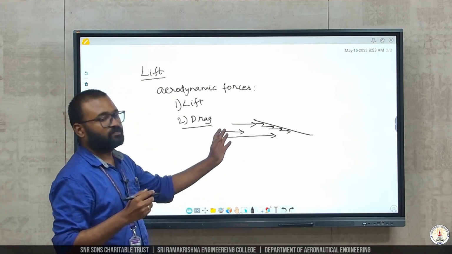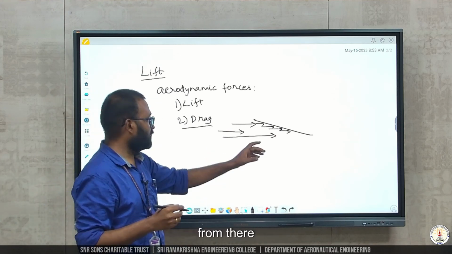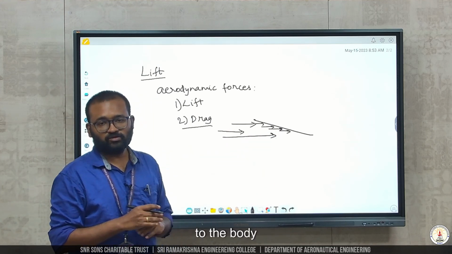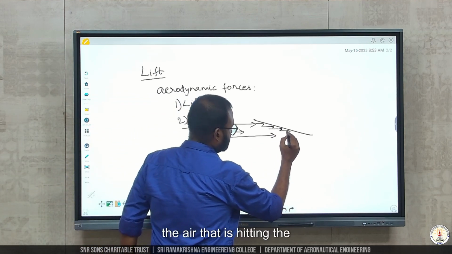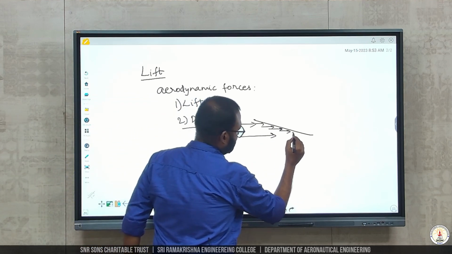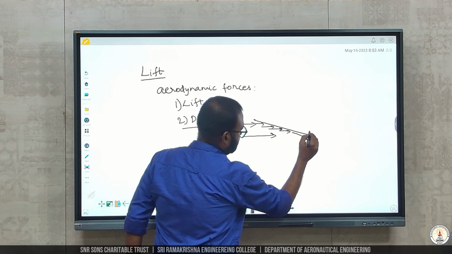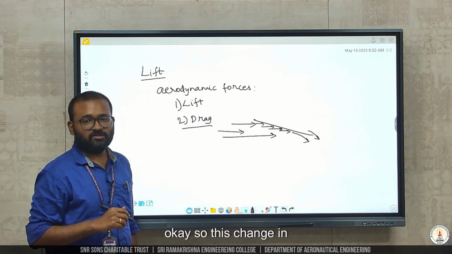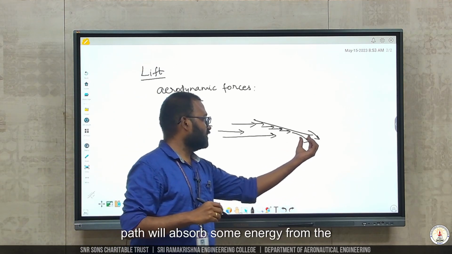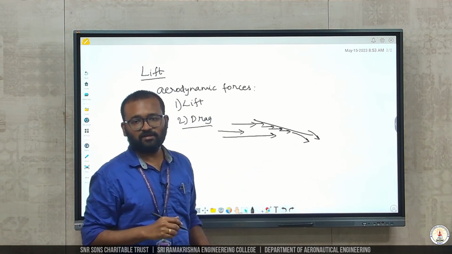So there is a transfer of momentum from the air to the body. Also, the air that is hitting the plate takes a small change in its path. This change in path will absorb some energy from the body.